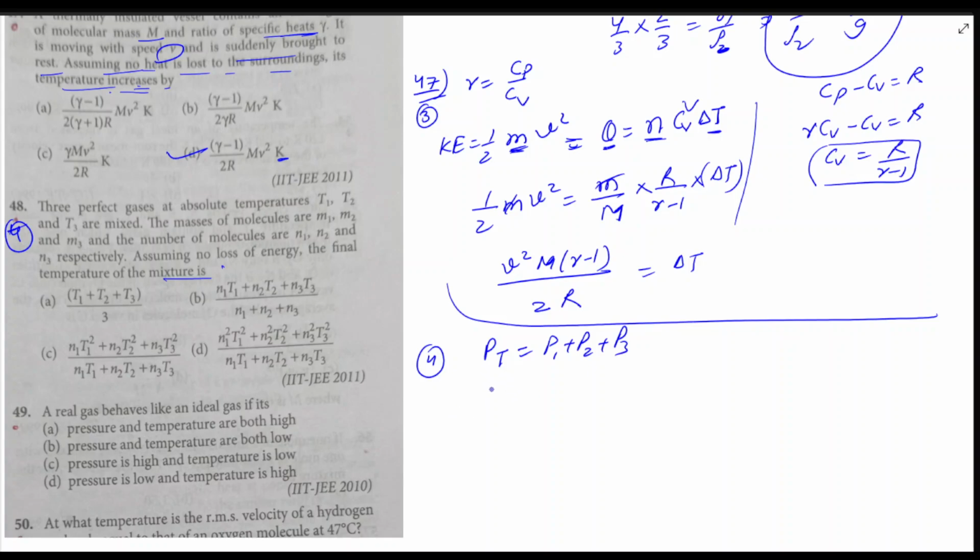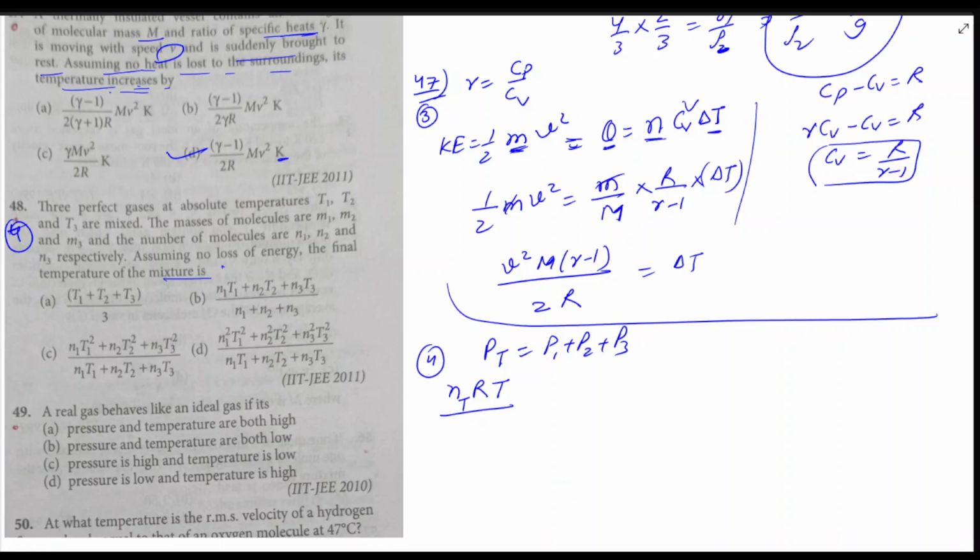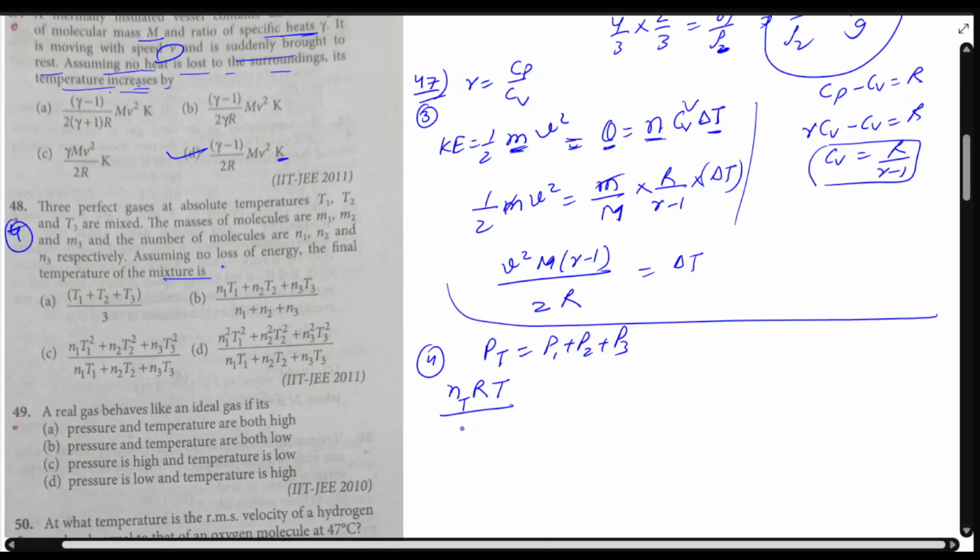So the pressure of the whole system will be N, the total number of moles, times R times the temperature of the system or mixture, divided by the volume of the container.